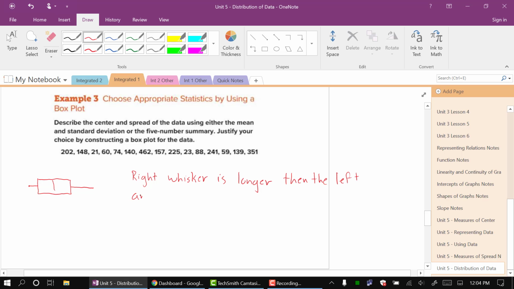And median is closer to the right. So distribution is positively skewed.